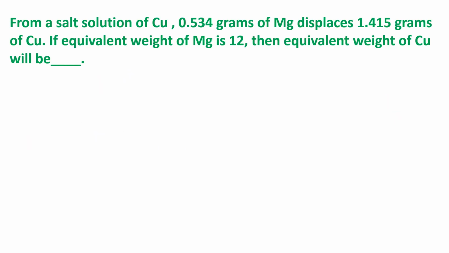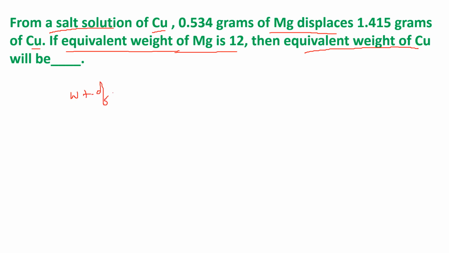Similarly, if you take another problem: from a salt solution of copper, 0.534 grams of magnesium displaces 1.415 grams of copper. If the equivalent weight of magnesium is 12, then what is the equivalent weight of copper? It is asking for the equivalent weight of copper. How will we calculate? Here the weights of two substances are given.